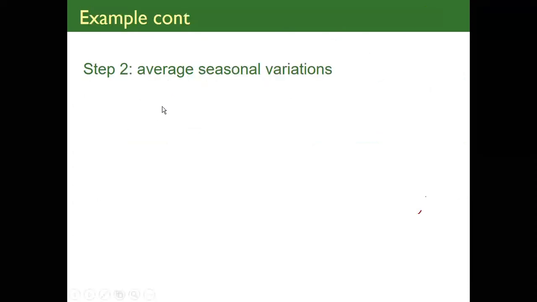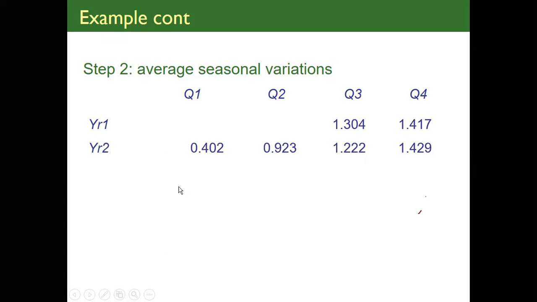So you've got average seasonal variations, quarter 1, 2, 3, 4, and quarter 1 and quarter 2 were blank in year 1. Then in year 2, you had all the values. And then in year 3, again, the last 2 quarters were blank. So you can now take the average of these 2, like this.